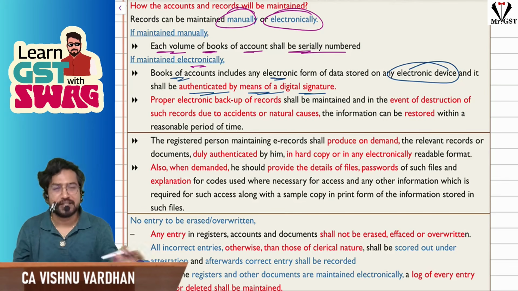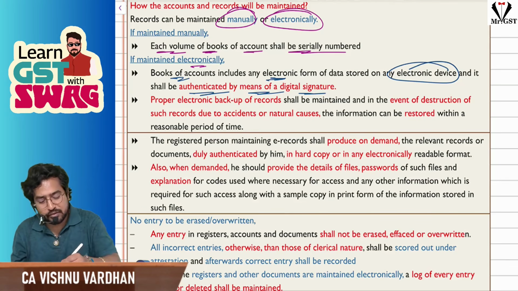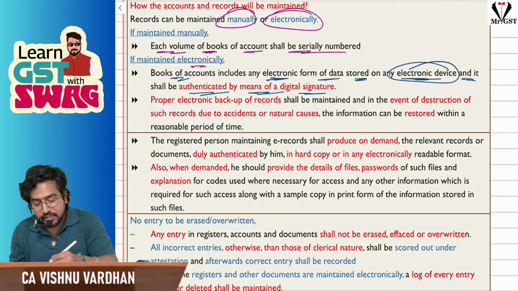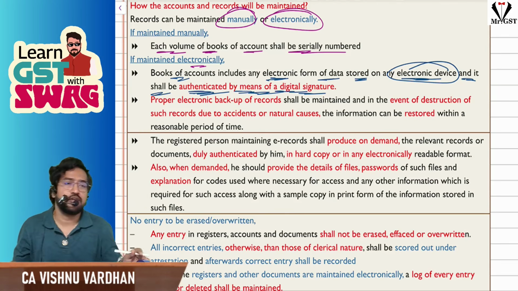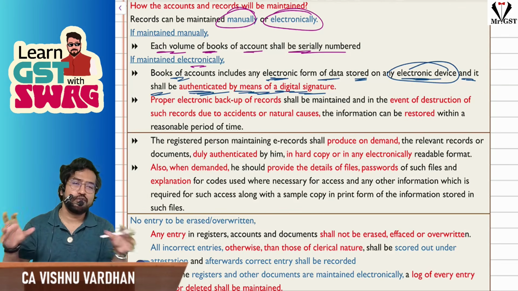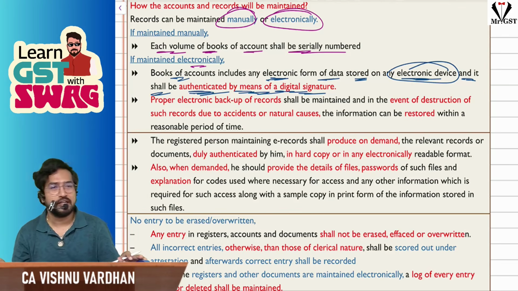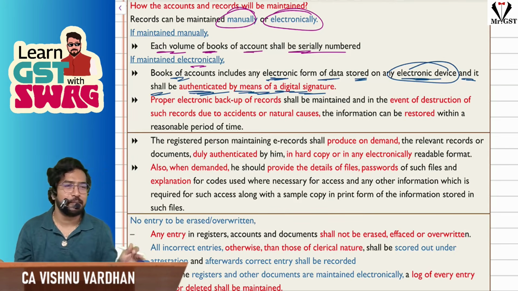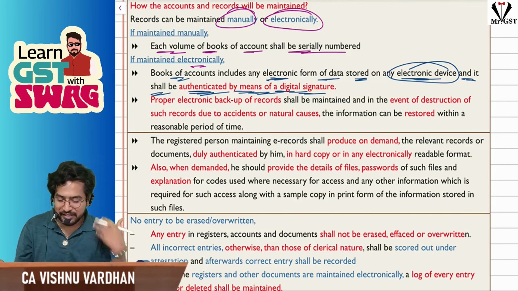Books of accounts include any electronic form of data stored on an electronic device, and it shall be authenticated by means of digital signature. You go and open your accounts department laptop where Tally is used, and the pin will be 1 2 3 4. You should be authenticating it with digital signature.